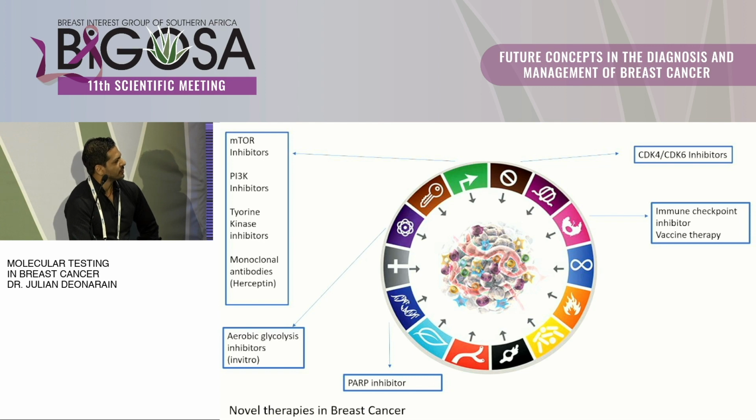Okay, as I've mentioned before, aerobic glycolysis inhibitors are currently being investigated, but this is currently in the laboratories in in vitro studies, and requires a lot of research from cell biologists into which pathways of ATP production are being activated in specific tumor cells before you can block them.